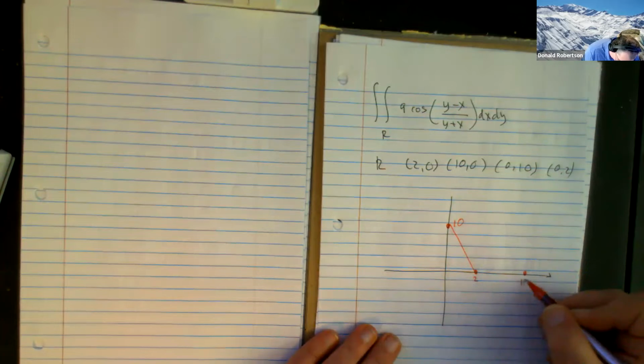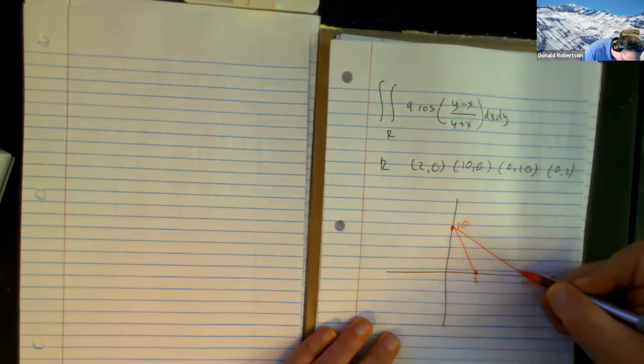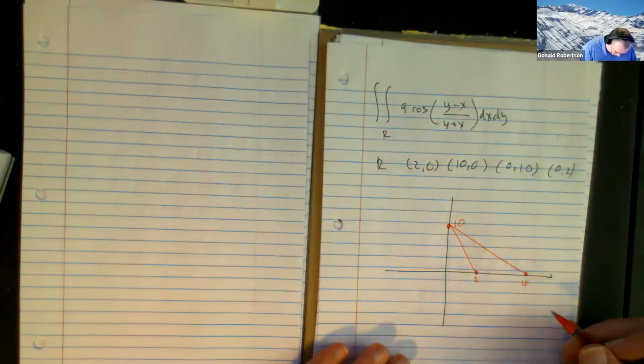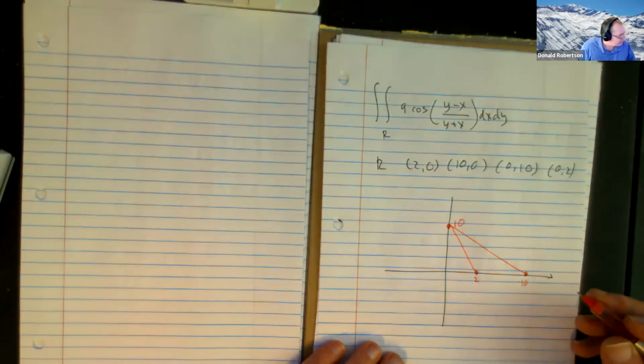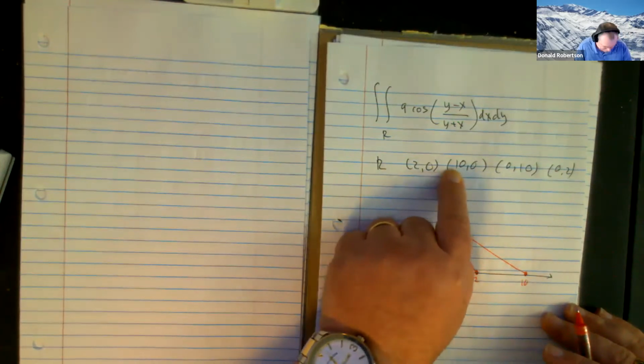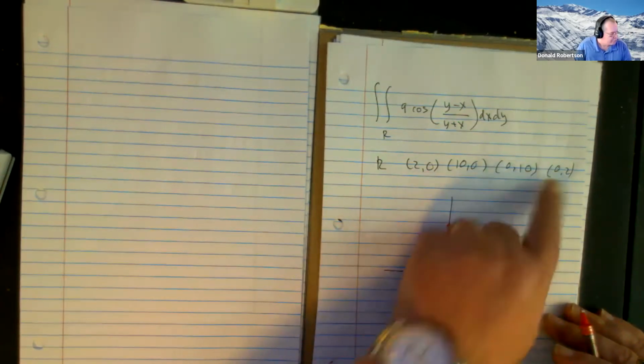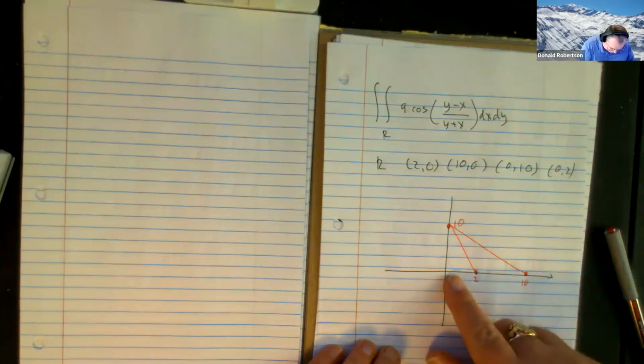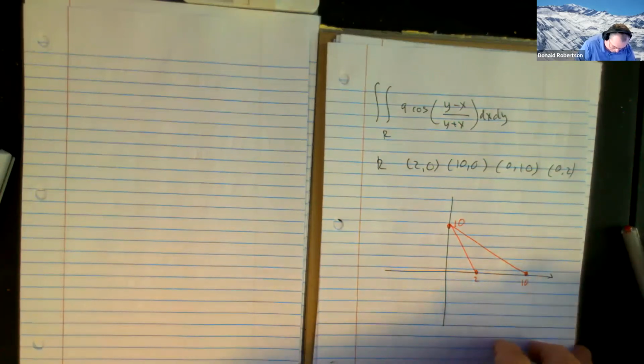Doesn't make sense. Let me check that. 2, 0, 10, 0, 0, 10, 0, 2. I'm trying to join those up. Oh, there we go. Darn it.